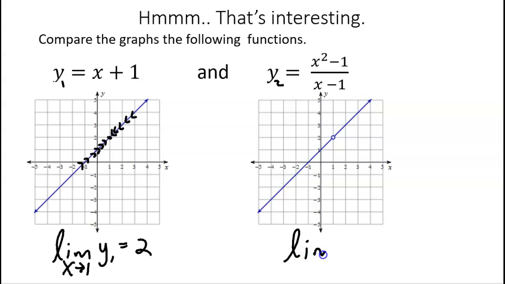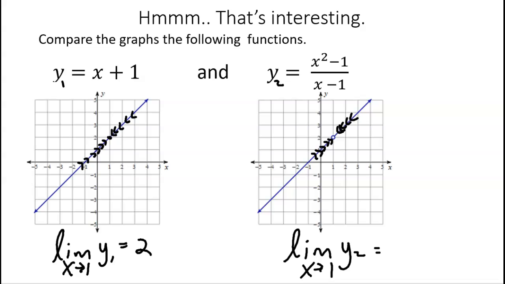If I try to find the limit of this function over here, function y2, as x approaches 1, as I approach from the left, I'm getting closer and closer to that open dot, and as I approach from the right, I'm getting closer and closer to the same open dot. And as you know from previous lessons, the fact that the dot doesn't exist doesn't matter. The question is what y value are we approaching?